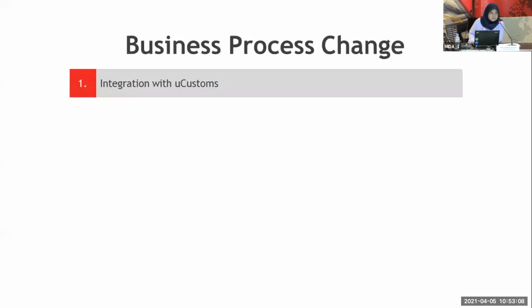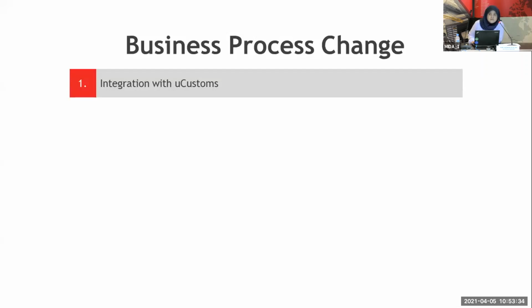Okay. With the implementation of import and sales tax exemption application in Invest Malaysia, there are a few business process changes. The first one is that Invest Malaysia is integrated. We have external integration with UCustom.